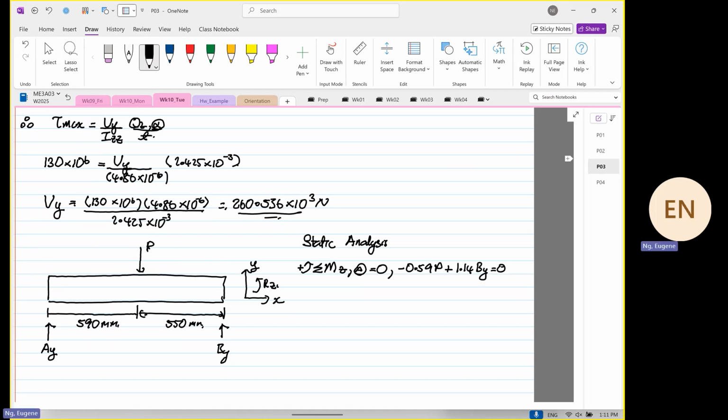The whole thing is equal to 0. So BY is equal to 0.59 divided by 1.14 times P. So 0.59 divided by 1.14 is equal to 0.518.